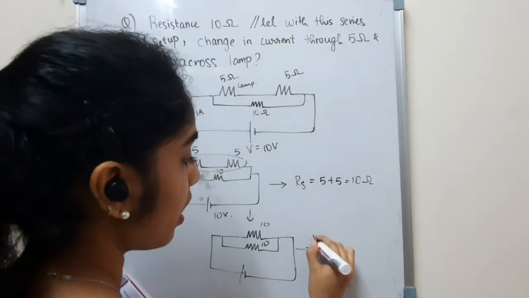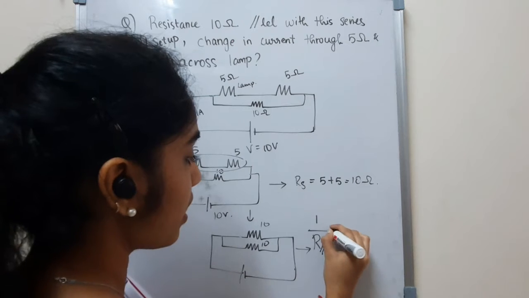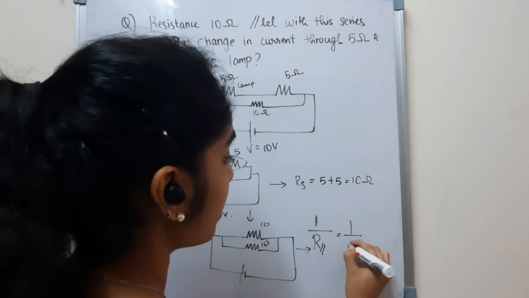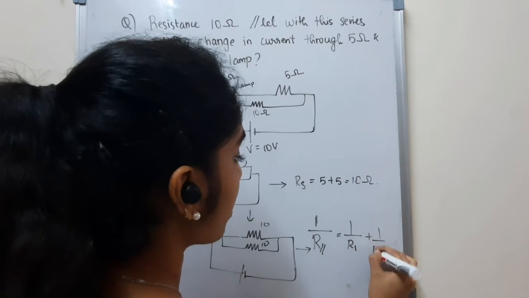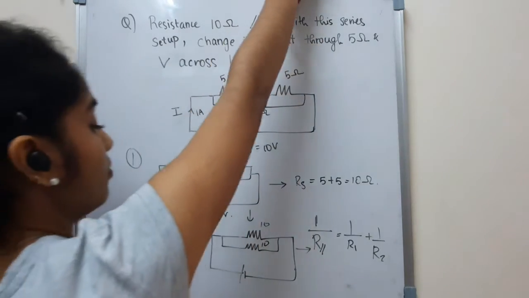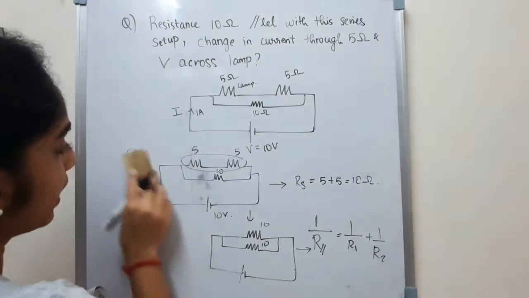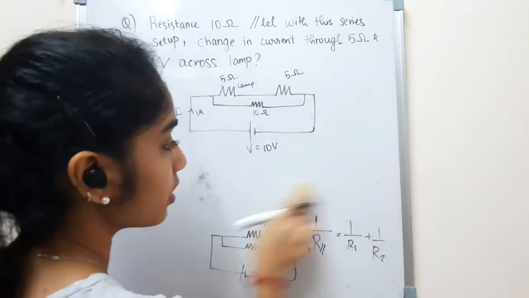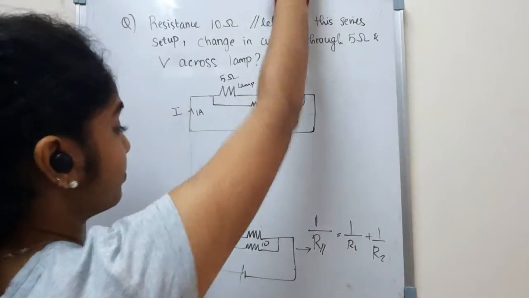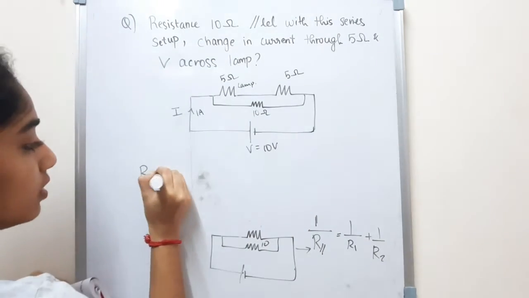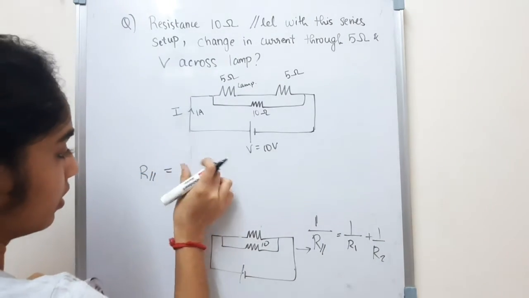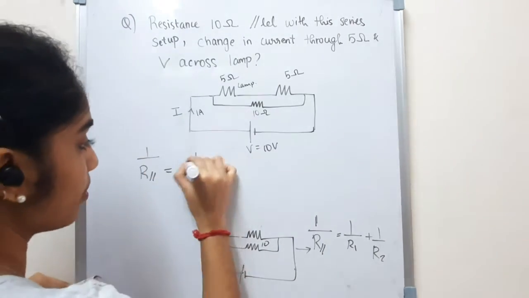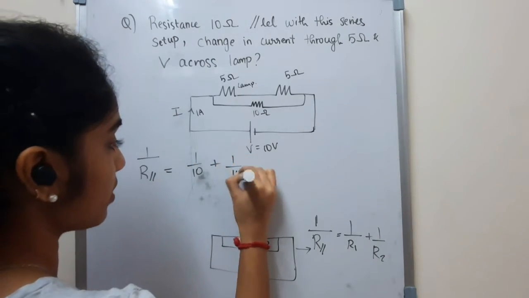So R parallel. 1 by R parallel is equal to 1 by R1 plus 1 by R2, right? Solving that, 1 by R parallel is 1 by 10 plus 1 by 10, right?